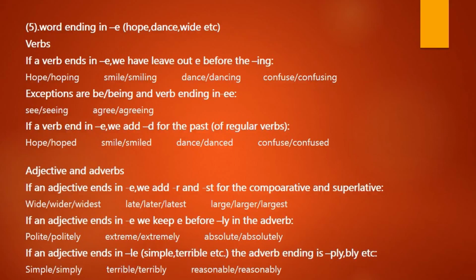Example: wide, wider, widest, late, later, latest, large, larger, largest. If an adjective ends in e, we keep e before ly in the adverb. Example: polite, politely, extreme, extremely, absolute, absolutely.